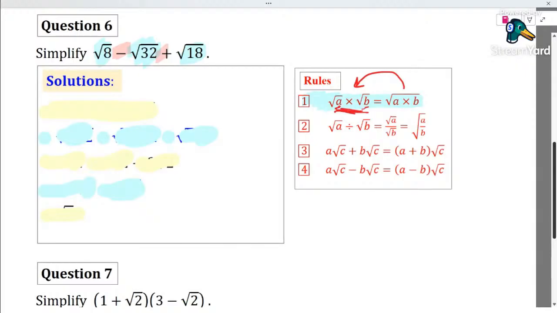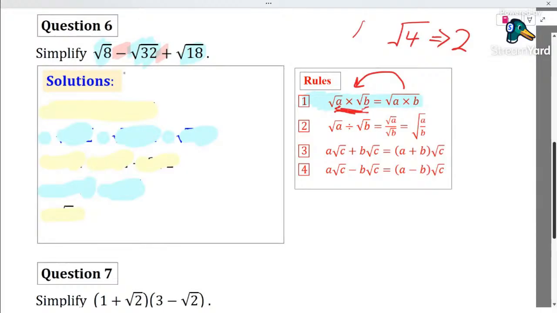I want to relate with perfect square numbers so that, for example, the square root of a perfect square number like the square root of 4, I can simplify to become 2. We can simplify the square root of a perfect square number into integers or maybe fractions, depending on what you have there. This is why one of them must be a perfect square number.